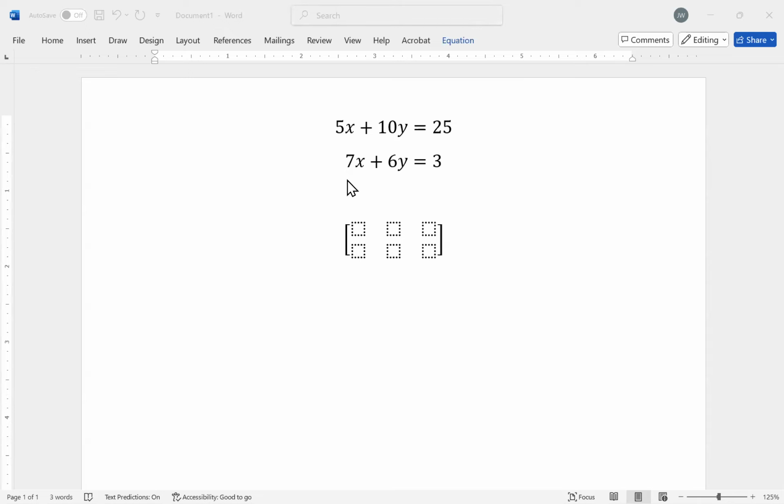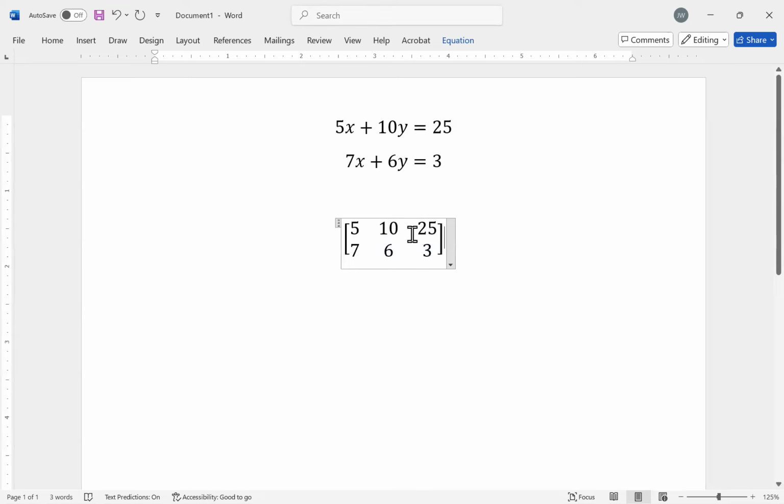Since we have two variables and a constant, we'll have 3 total columns. Our first row will be 5, 10, and 25. Our second row will be 7, 6, and 3.